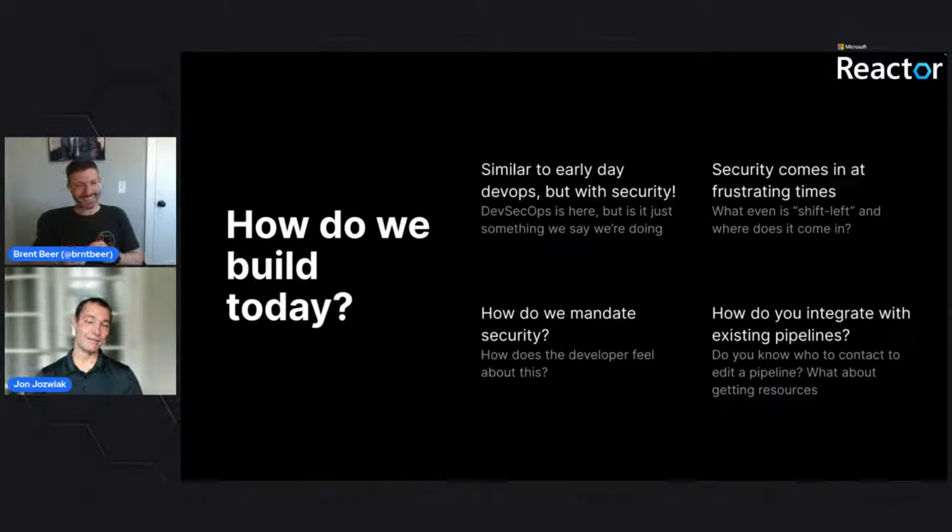I have seen some. I'm working with a customer right now who's working on implementing GitHub Advanced Security, and the refreshing thing that I hear is that the security team knows that in order to meet their goals, in order to reduce risk, they need to enable the developer. They need to make the developer successful.